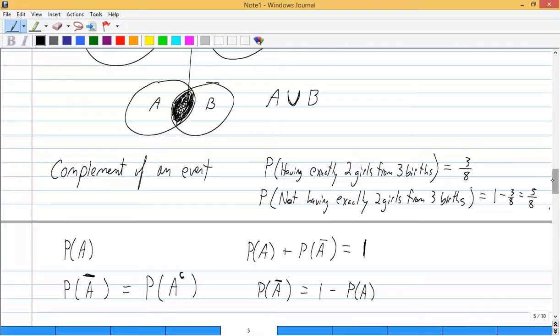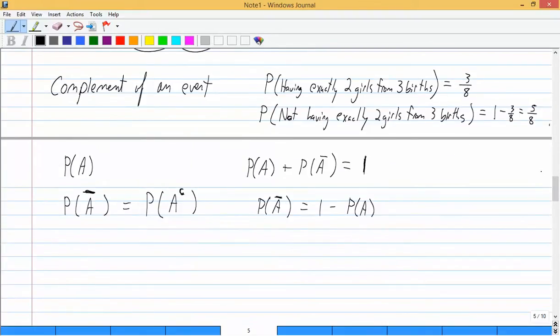Your book says that events, or I'm sorry, 2 sets are mutually exclusive if they have no points in common.